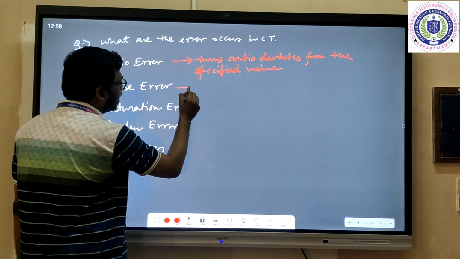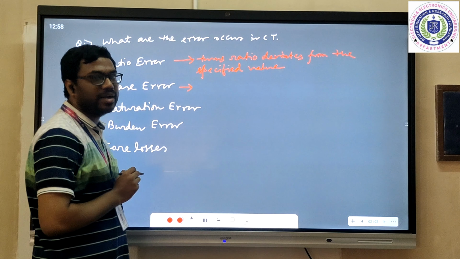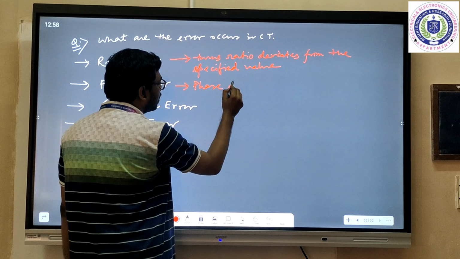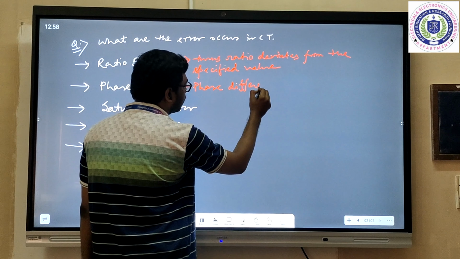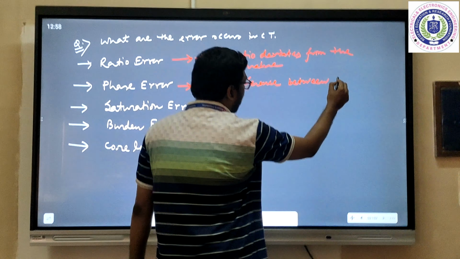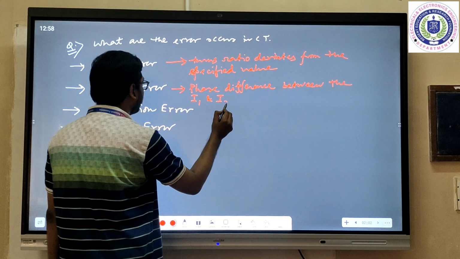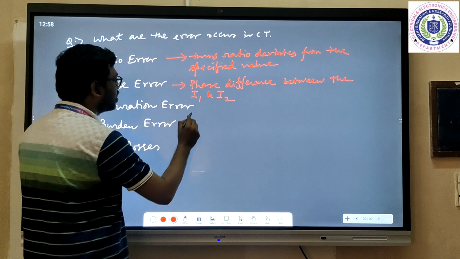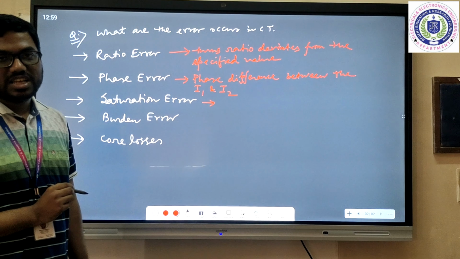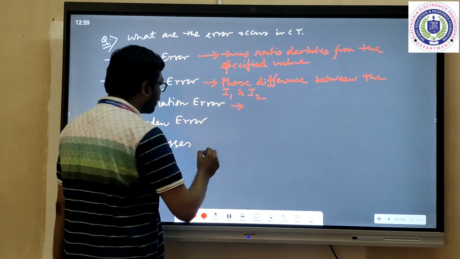Phase error is basically occurred due to phase difference between the primary and secondary current. I am writing here I1 and I2. Saturation error is occurred due to saturation. Okay, high current is flowing, that is why saturation error is occurred.